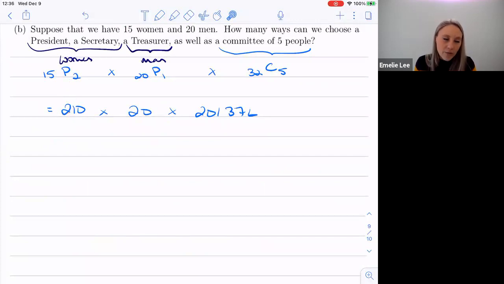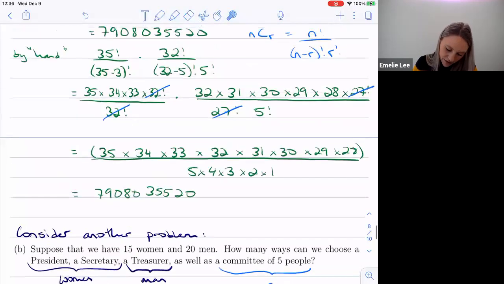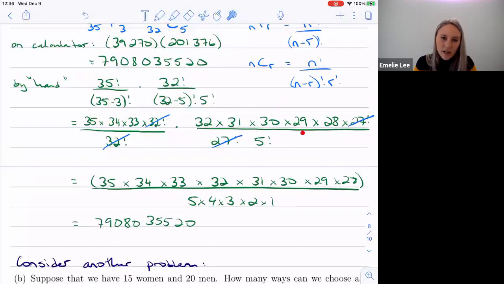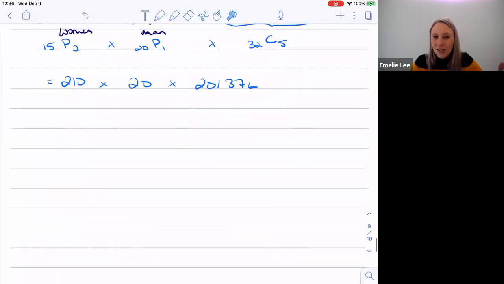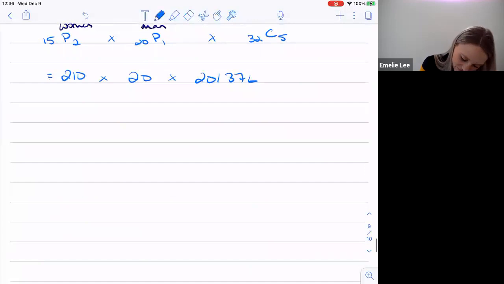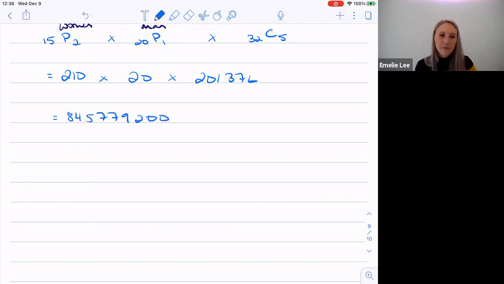If you don't have a calculator, then you would have to use the factorials, but you would still probably want a calculator. So bring your calculator. I get 8,457,792,000, and I might have flubbed it, so just check my work here.